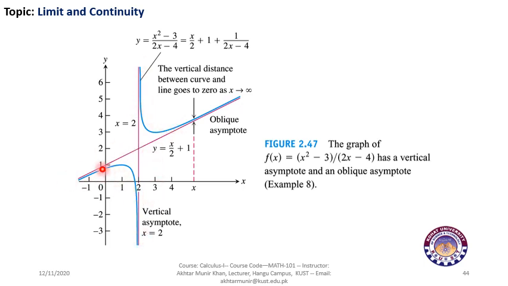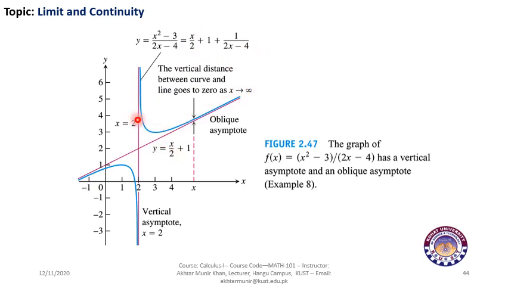Here on both sides we have plotted both branches of this hyperbola. We can see that whenever x approaches 2, the limit of the function goes towards plus and minus infinity. So x equals 2 will be the vertical asymptote.